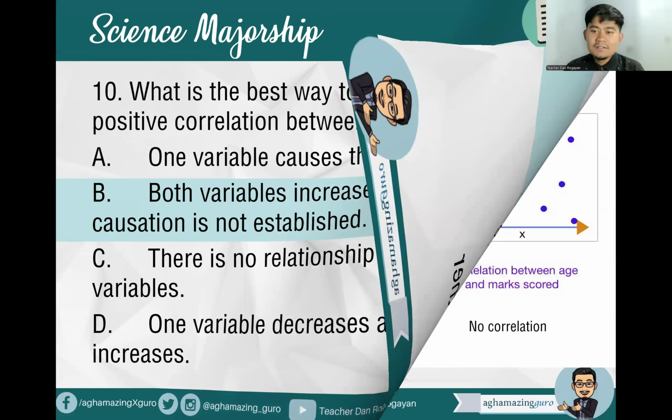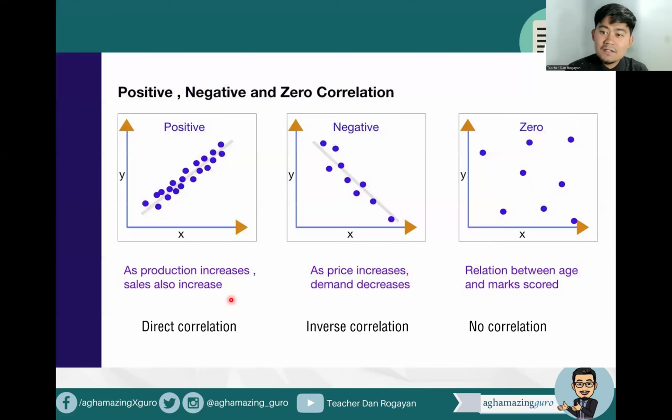So these are the three different types of correlation. The positive correlation: as production increases, sales also increase. We also call the positive correlation a direct relationship or direct correlation. While negative: as price increases, demand decreases. So this is an inverse correlation.